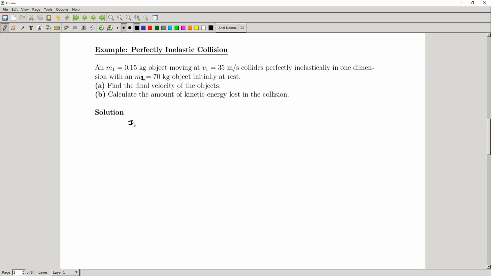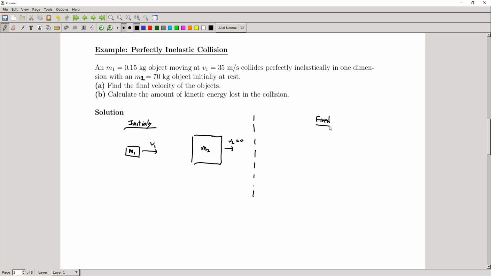So initially, we have M1. So M1 is much smaller than M2, and it's moving with some V1. That's going to slam into our much larger mass M2. Okay, and M2, I guess I can write its V2, but we know this is equal to 0. And so what do we expect to happen in our final picture?